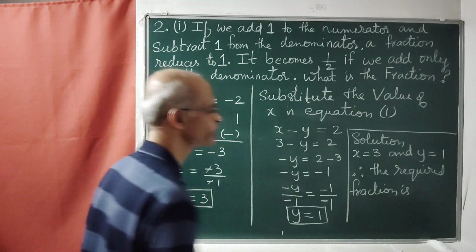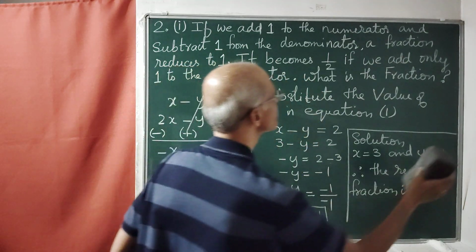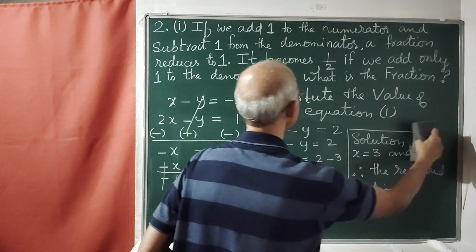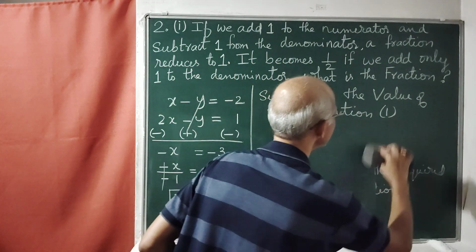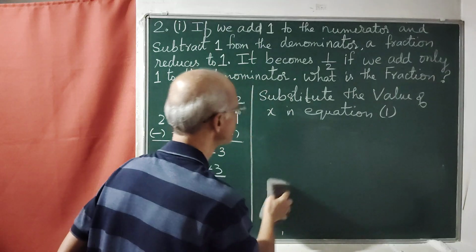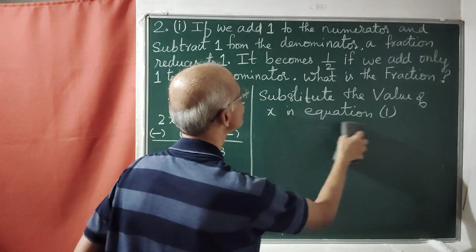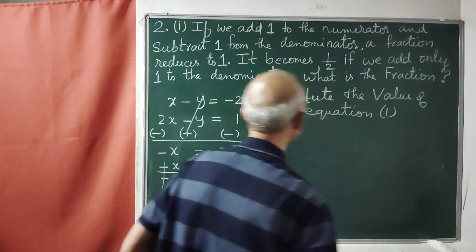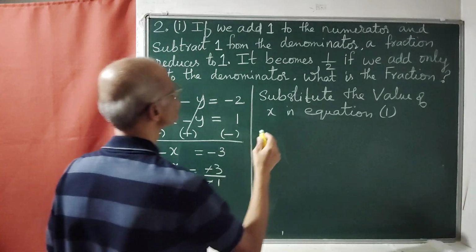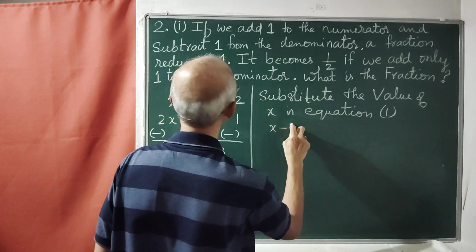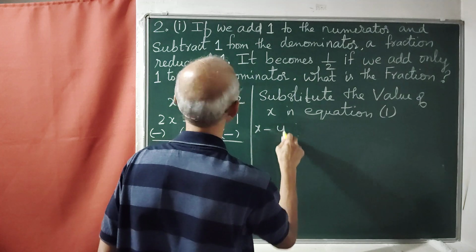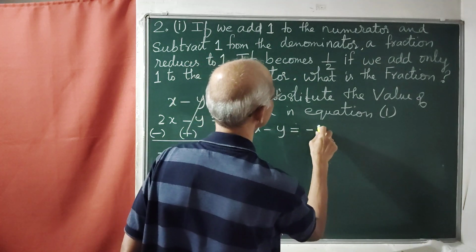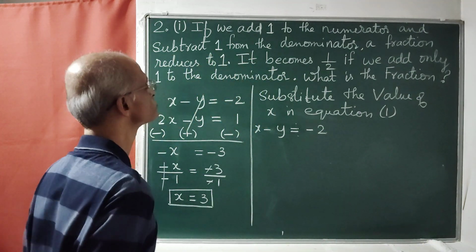So please excuse me, I am sorry. I wrote equation 1 wrongly. So equation 1 was x minus y is equal to minus 2. I wrote it as plus 2.